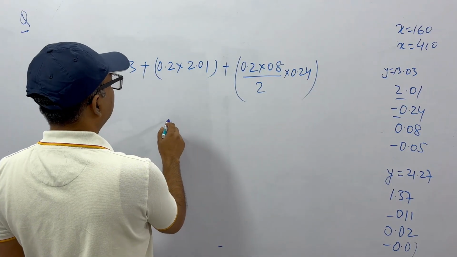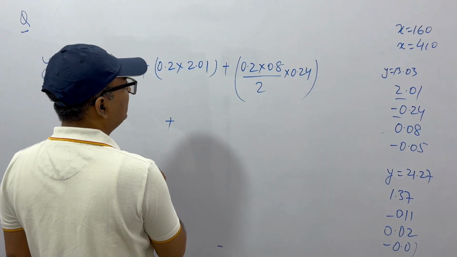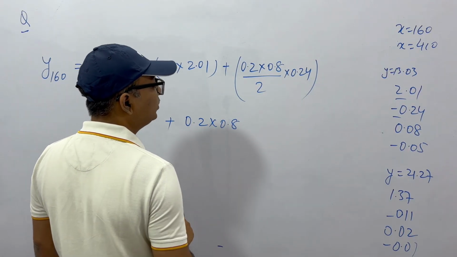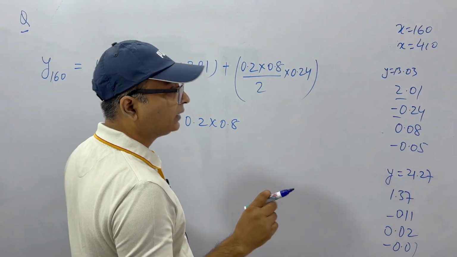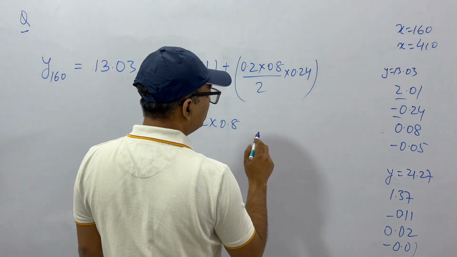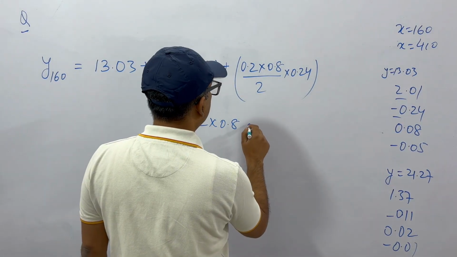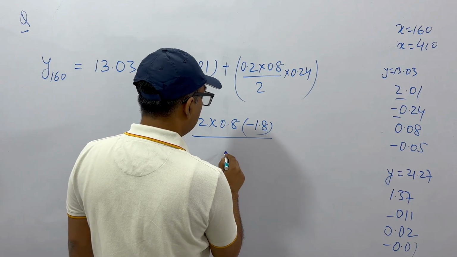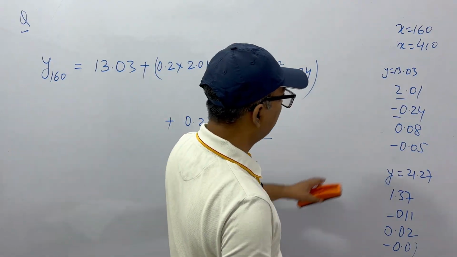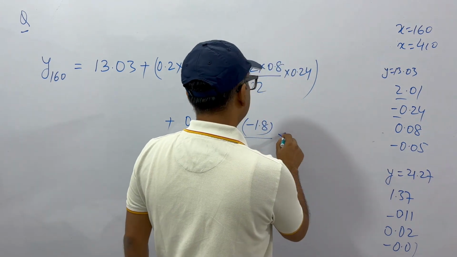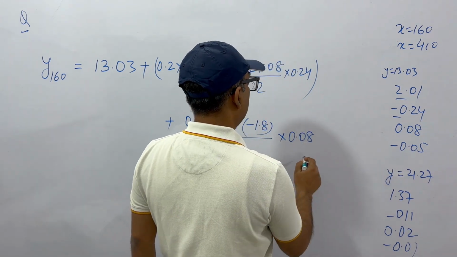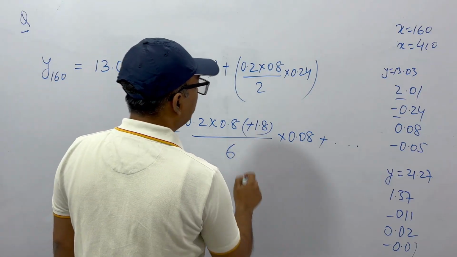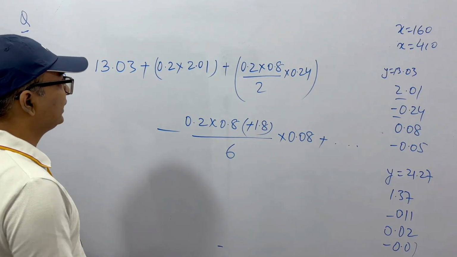Then the third term will be 0.2 into 0.8 into p minus 2, that is 0.2 minus 2, which is minus 1.8, by factorial 3, that is 6, and the third difference is 0.08. And then so on. This will become minus. You can go on like this.